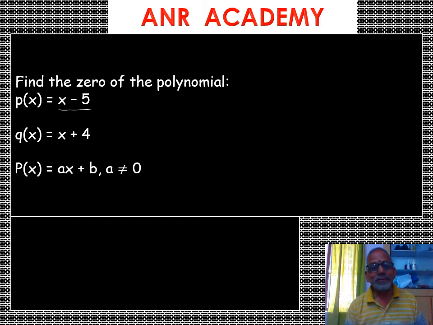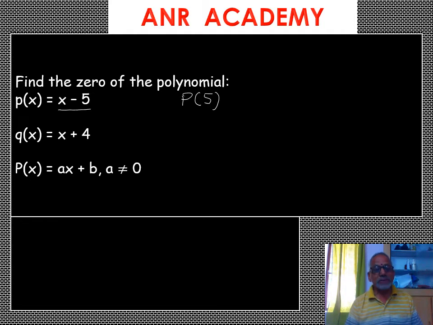Very simple. You have minus 5 here, so take the opposite sign, plus 5. If you take the value of x as plus 5, then the polynomial x minus 5 becomes 0. So 5 is called the zero of the polynomial x minus 5.